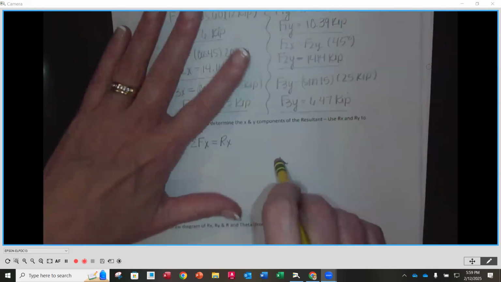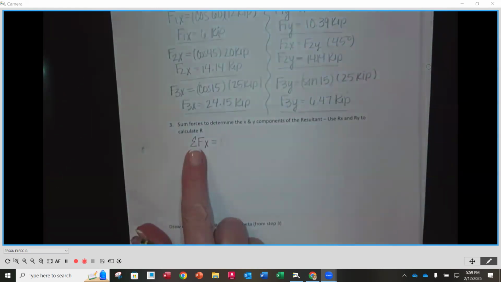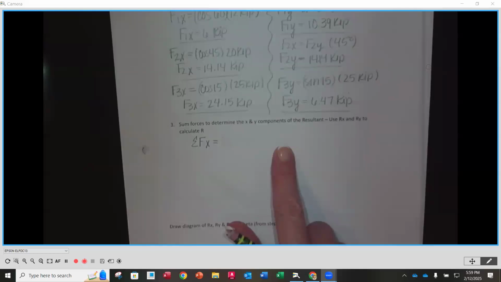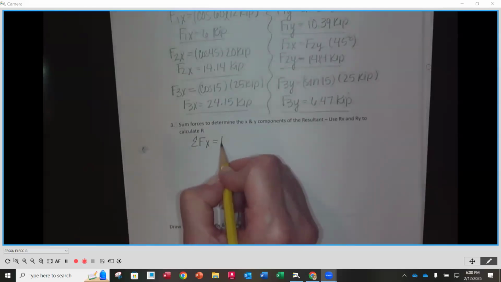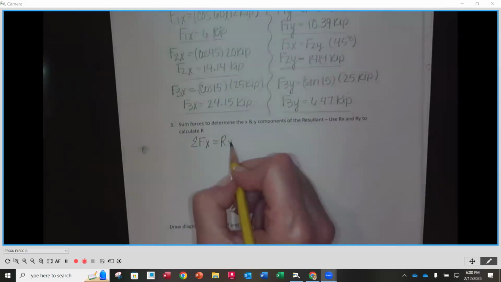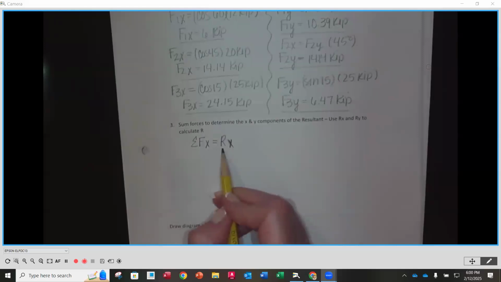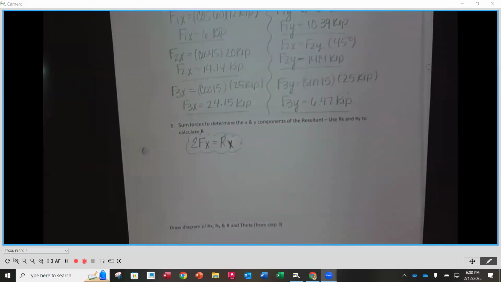Do not, and this is what I've been seeing, and I've been taking points off for it, put some of the forces in the X, start listing them out, and then randomly down below add in resultant in the X. No. You've got to tell me what you're going to do before you do it, in variable form. So this is going to be the X component of the resultant. You have to write this first. Have to, okay? It's like you're telling me what you're going to do before you do it.